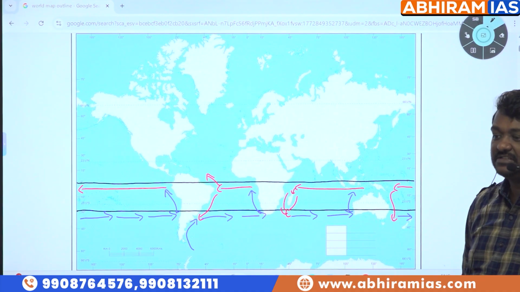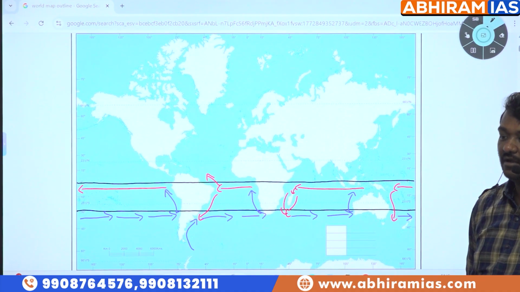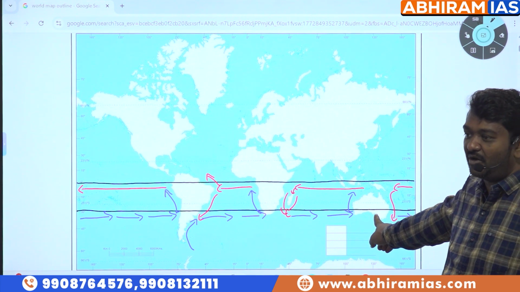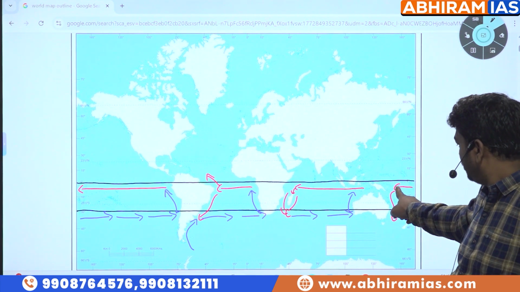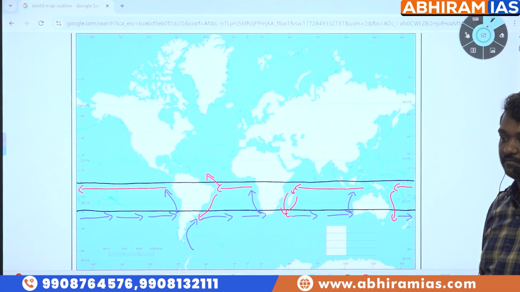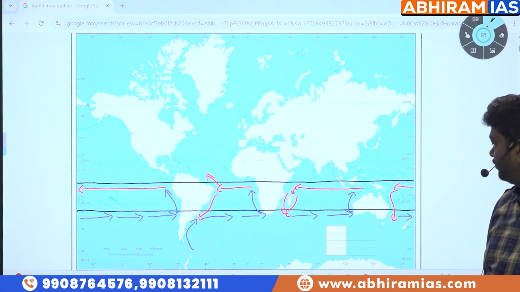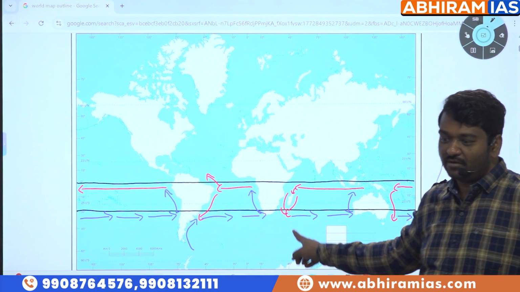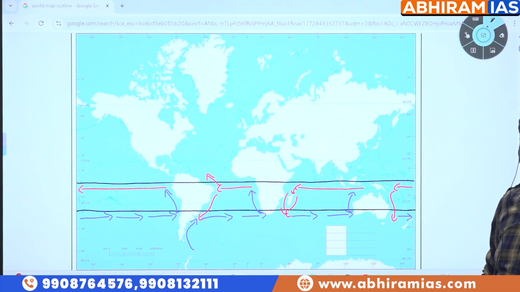Now wherever it is hitting the land, where is it hitting the land? First you see where it hits the land. Australia. So there you write below, one branch should come down. Here also you draw another branch coming down. Why is it coming down? Because after hitting the land it will flow downward.